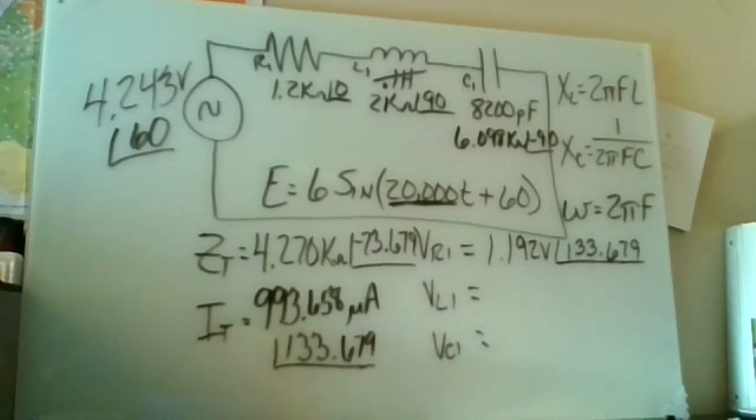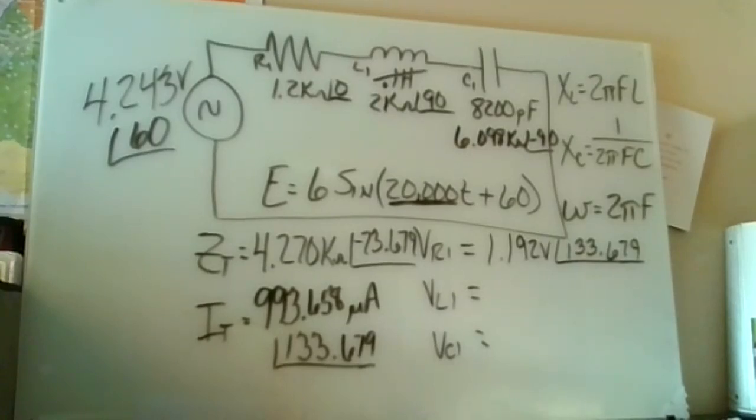Like Mike said, he did the I total because it's a series circuit. So what's constant in a series circuit? Current. So that current is going to go through all those different components that we have there. So I use that current, or I use the voltage divider rule. Whichever way you want to do it is completely up to you.